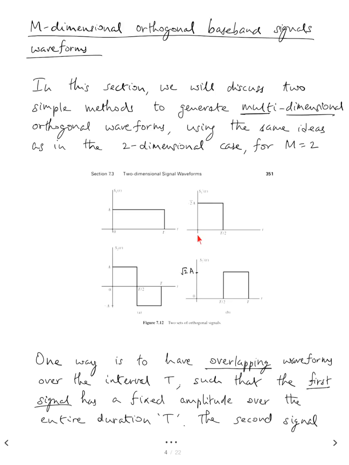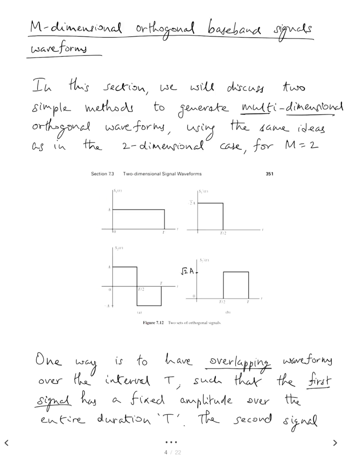S1 dash exists only for the duration 0 to T by 2, and S2 dash of t exists only from T by 2 to T. So that means the second construction here is non-overlapping in nature as compared to the first construction, which is overlapping.